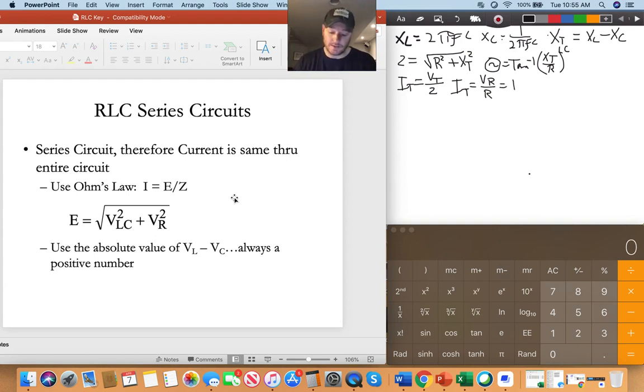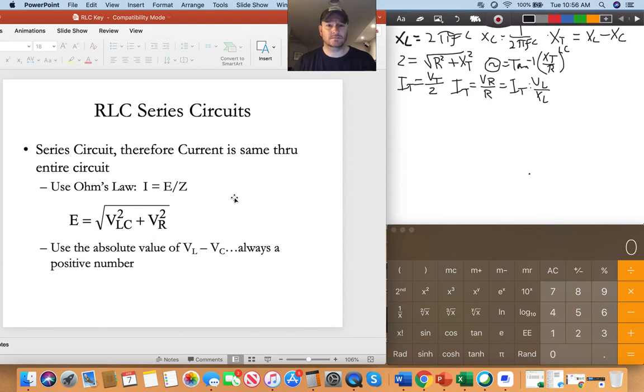Another way to do this is to take, say, your voltage drop across your inductor over X of L. Sorry, a little confusion there, this is just like lecture.